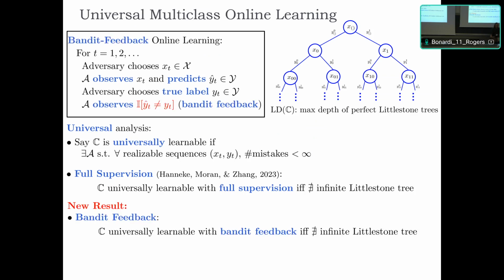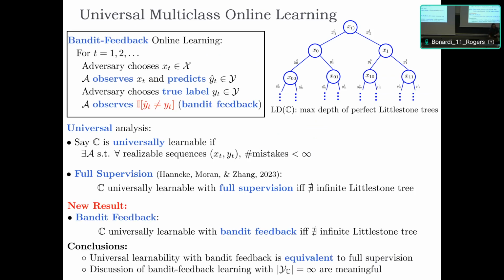Let's take a look at Bandit feedback. This is the new result in this work. What we find is that, again, a concept class is universally learnable with Bandit feedback if and only if there does not exist an infinite perfect Littlestone tree. So it's the exact same criterion for both. And so the conclusion here is that universal learnability with Bandit feedback is actually equivalent to universal learnability with full supervision.